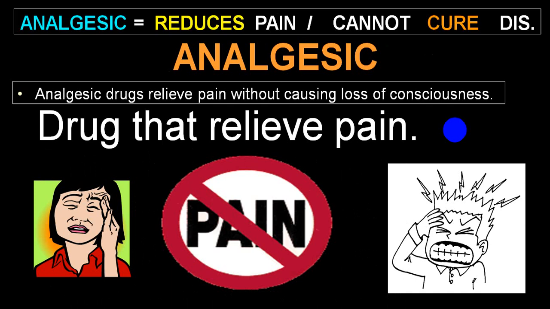An analgesic will reduce the pain, but it does not treat the disease, so it cannot cure the disease. So you have to have a good history, identify the etiology by investigating, confirm the full diagnosis, and then treat accordingly. So you give analgesic plus treatment of the basic etiology.